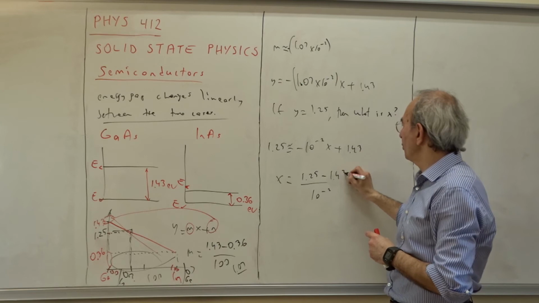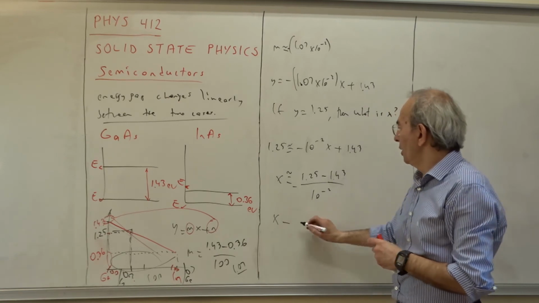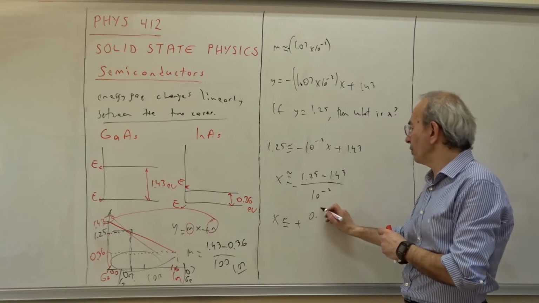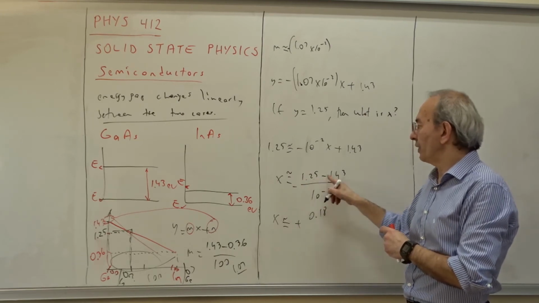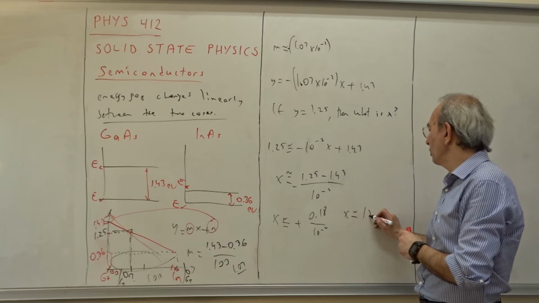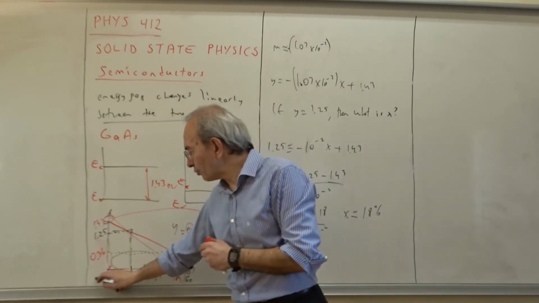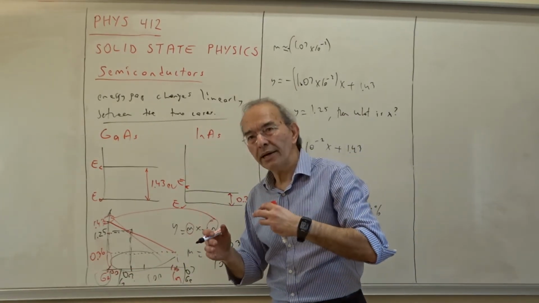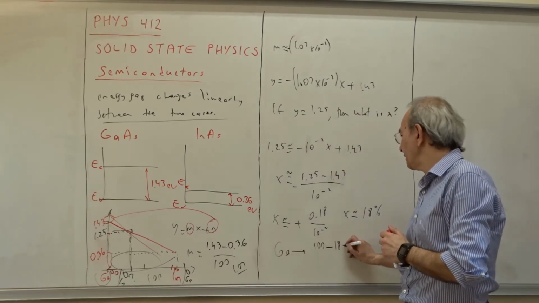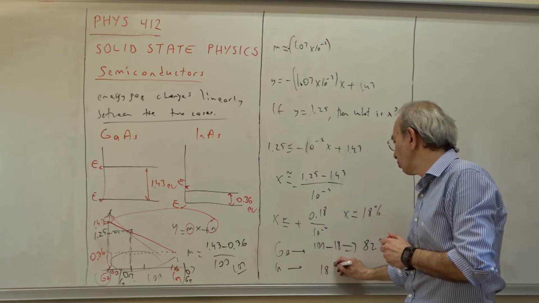Solving, x is positive, because the two minus signs cancel: 0.18 divided by 10 to the minus 2, so it's 18. So 18% of gallium should be replaced by indium. Gallium corresponds to 100 minus 18, so 82%, and indium corresponds to 18%.